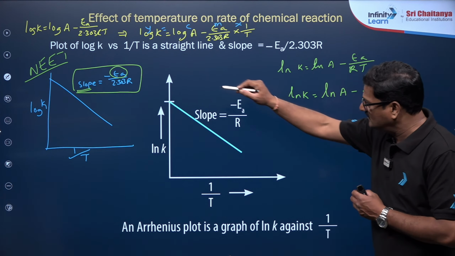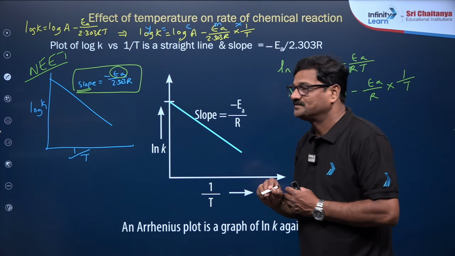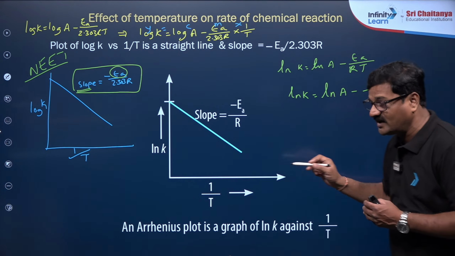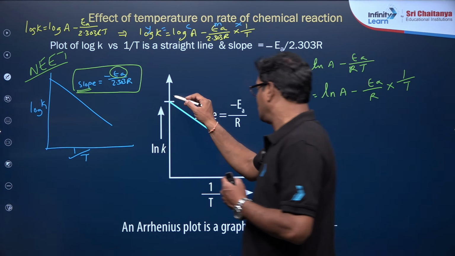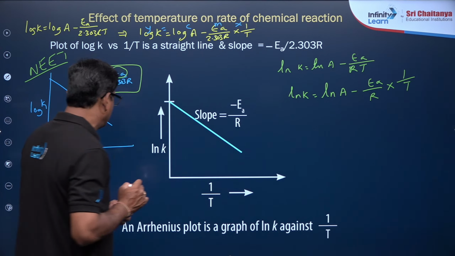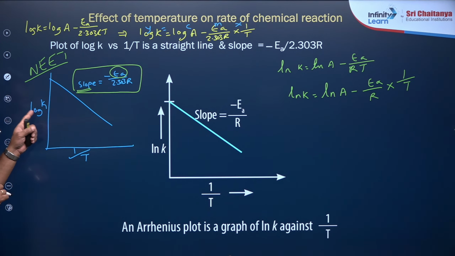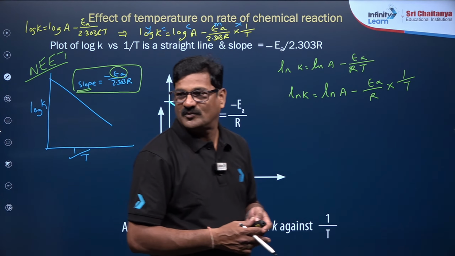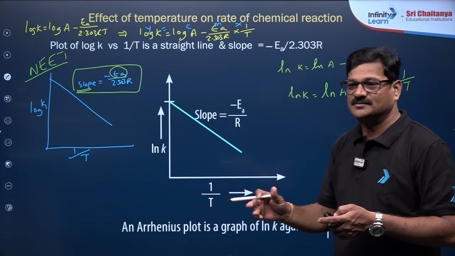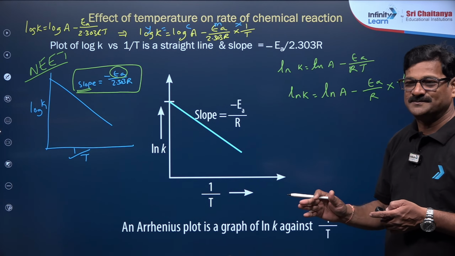So ln K is on the y-axis and 1 by T is on the x-axis. You are going to get a slope of minus EA by R. But the logarithm to the base 10 of K is going to be important when you go ahead with the numericals. You understand? Any doubt?